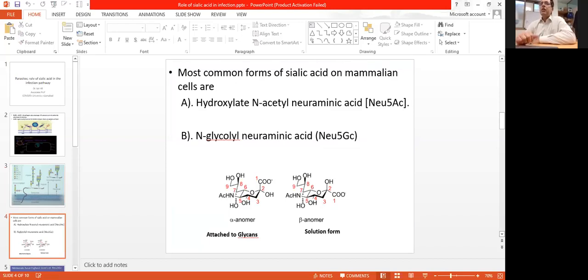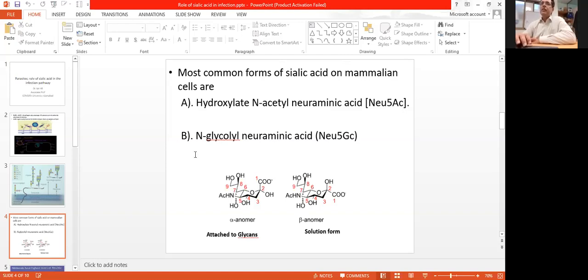The most common forms of sialic acids on mammalian cells are the N-acetylneuraminic acid, which is also abbreviated as NEU5AC, and some people would call it NANA, N-A-N-A.